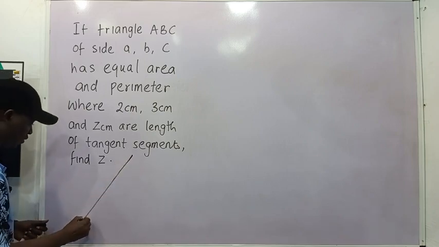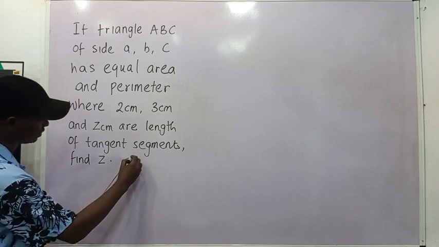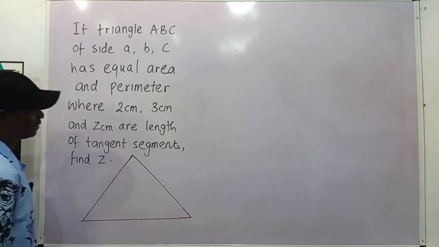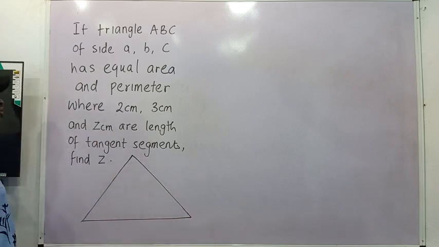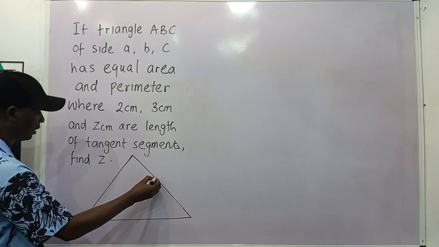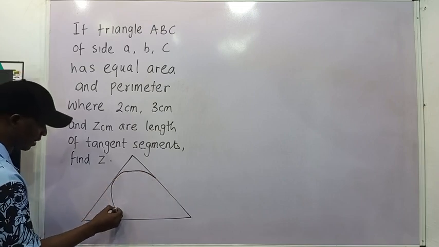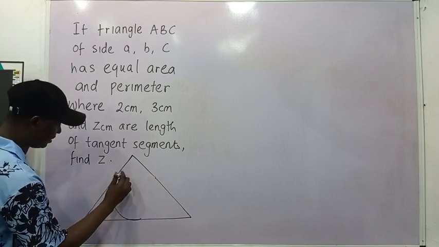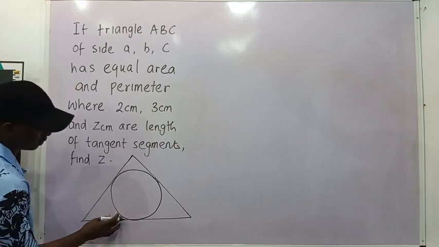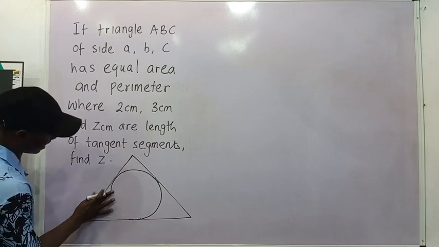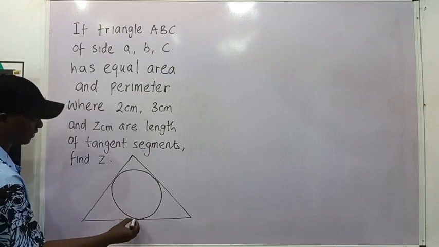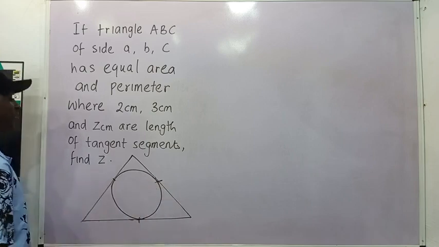Let's have a rough sketch of a triangle. This is a triangle, and in this triangle we inscribe a circle. Let's say this is a circle inside the triangle. The circle that we inscribe has to touch the three sides, 1, 2, and 3.